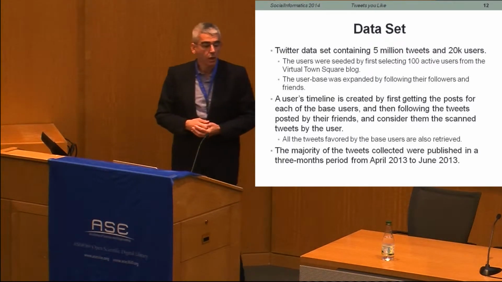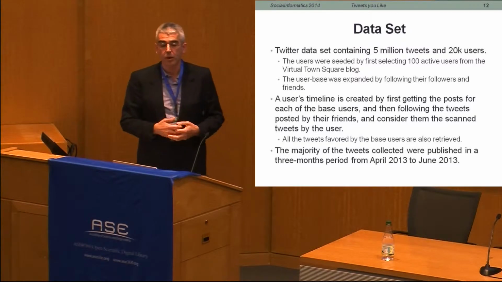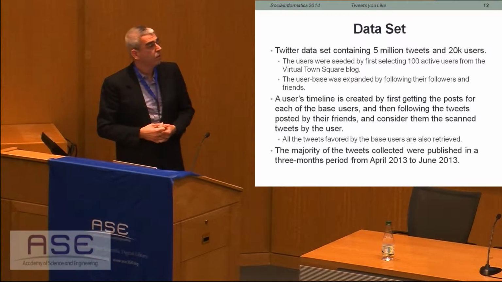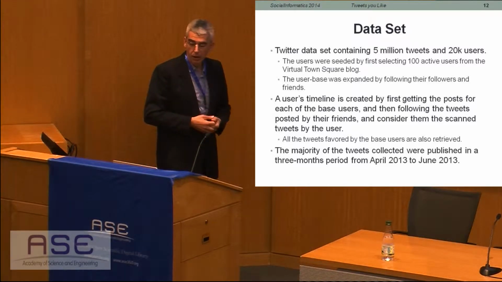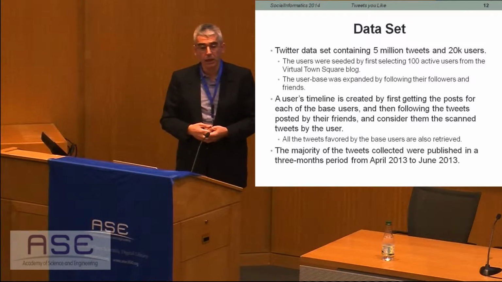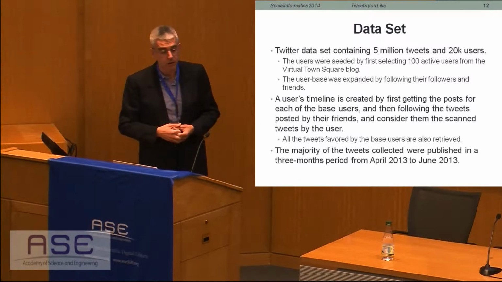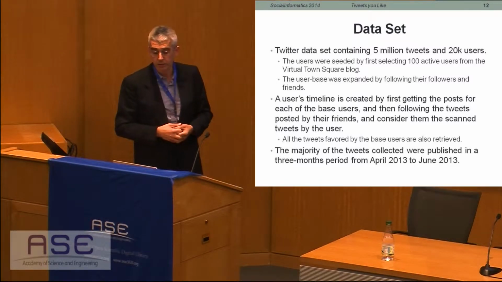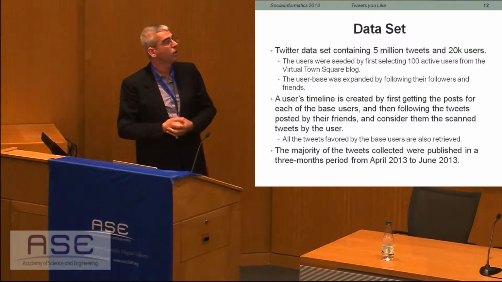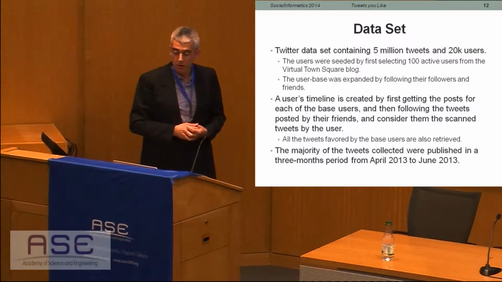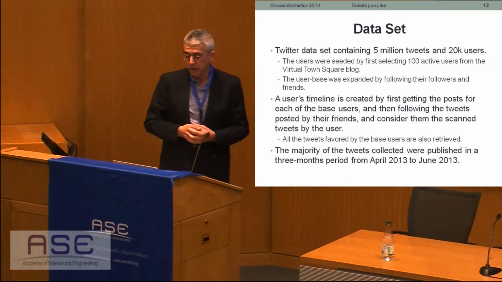So what we did, we used results from a project, Virtual Town Square, also from our colleagues at the Department of Computer Science at Virginia Tech, and we used it to seed the data with 100 active users, and then we followed up on what tweets those users were interested in, and so on.